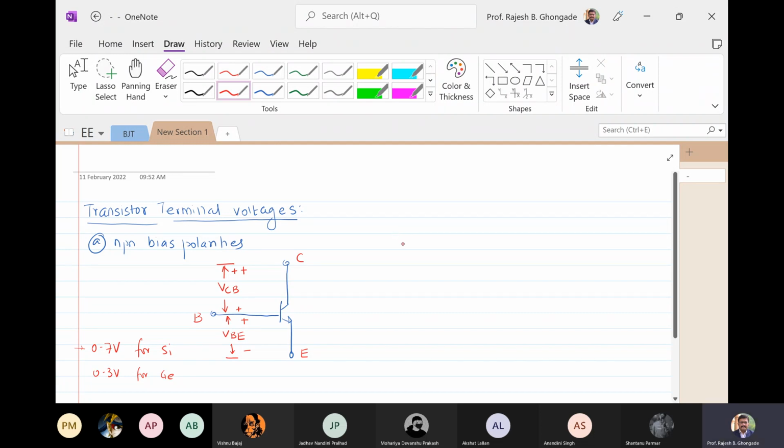In case of a PNP device, let us see what the PNP bias polarities are. Look at the way in which I am drawing the transistor.